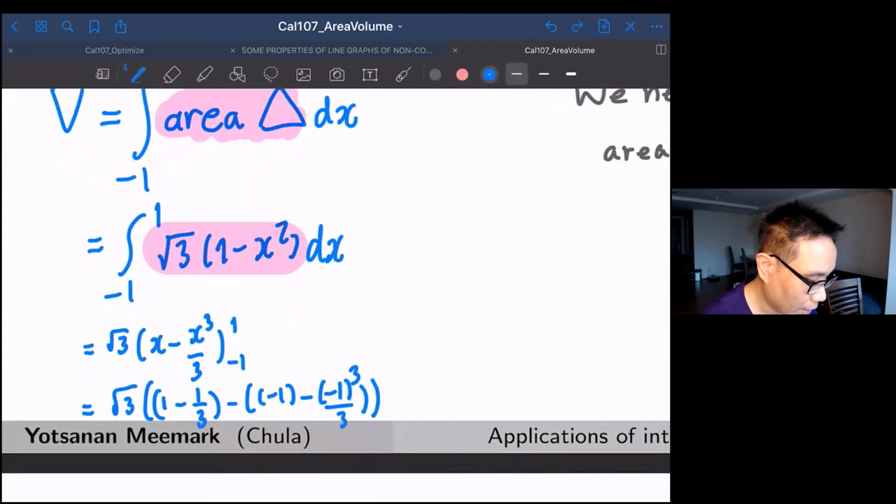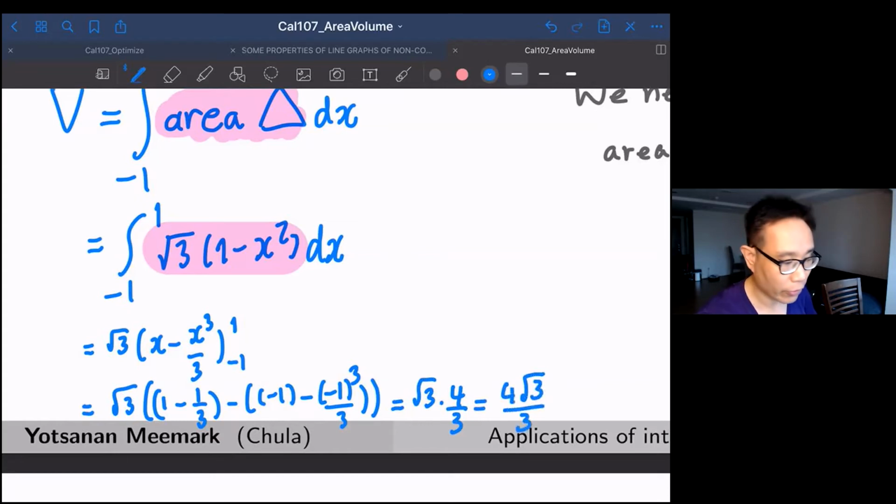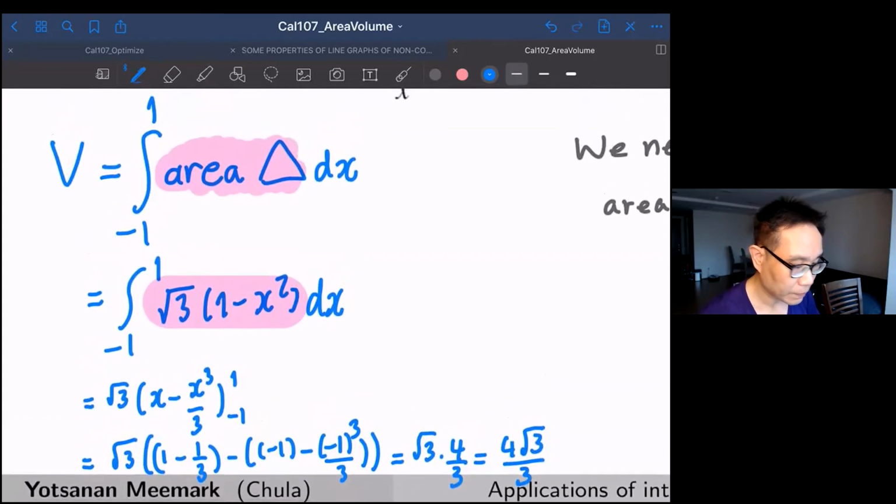Then you evaluate the numbers. It's root 3, and you have 1 minus 1/3 is 2/3, and you subtract negative 2/3, so it's going to be 4/3. So it's 4 root 3 over 3 for the final answer.